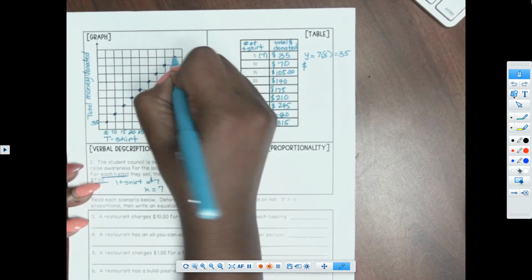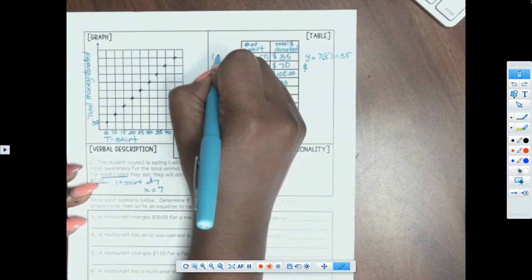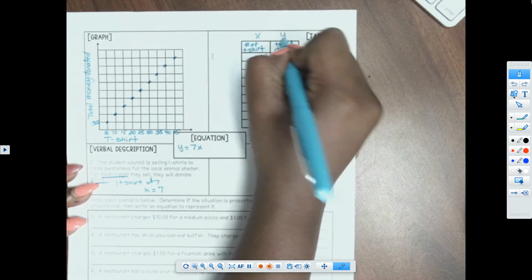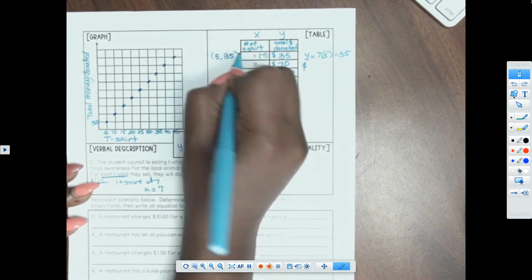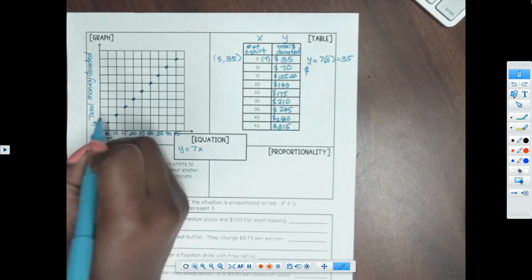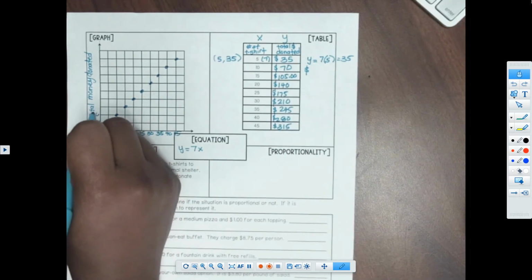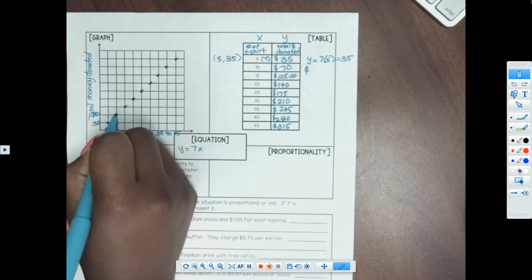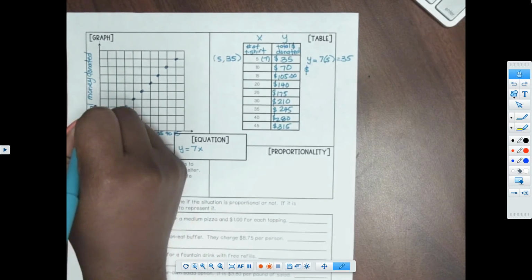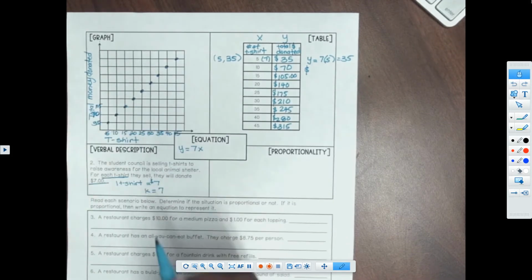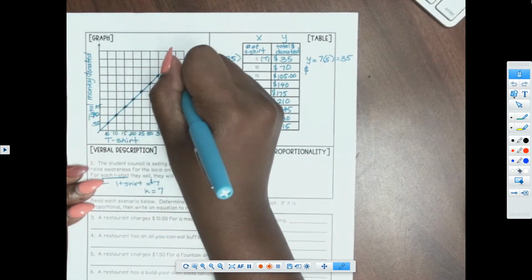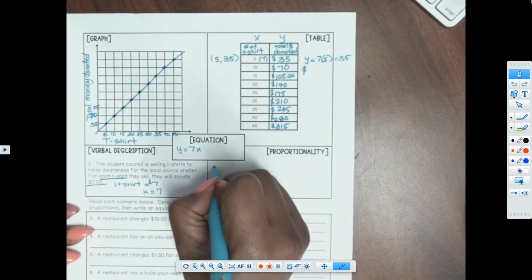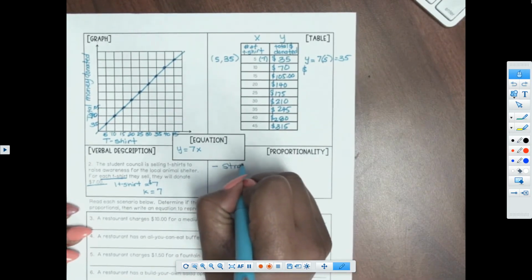We kind of know without having to write them in that these coordinates will match. And remember, if you forgot how I did the coordinates, I took my X, which is here. This is my Y. And I said 5, 35. The next point will be 10, 70, and so on and so forth, okay? So you just base that off of that. And then I draw my straight line. So it's proportional because we have a straight line.